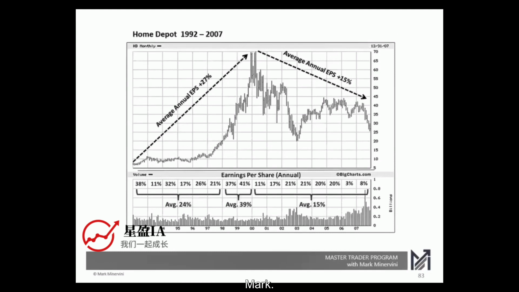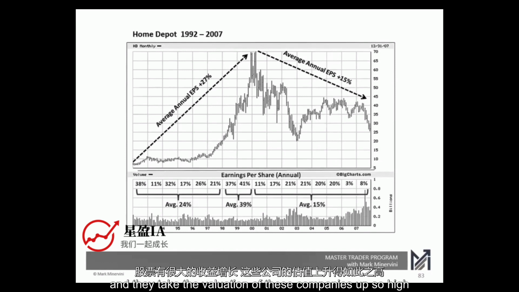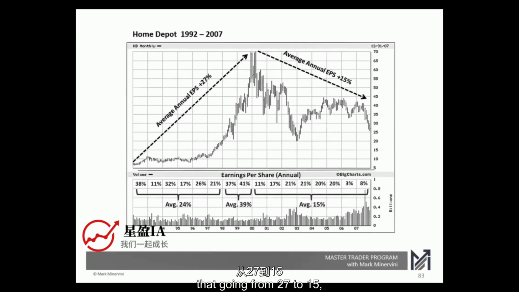Yeah, and Mark, I see this a lot happening, especially in bull markets where stocks have great earnings growth, and they take the valuation of these companies up so high that, going from 27 to 15, I mean, that's a pretty big slowdown, but the company is still growing somewhat.